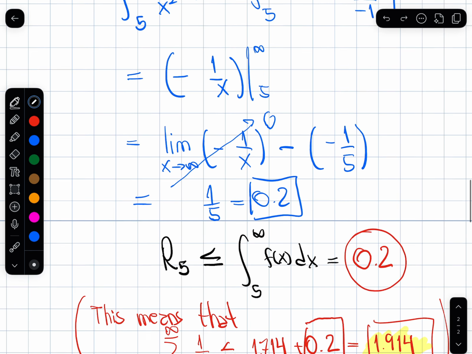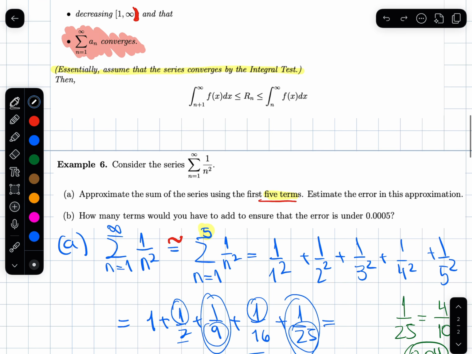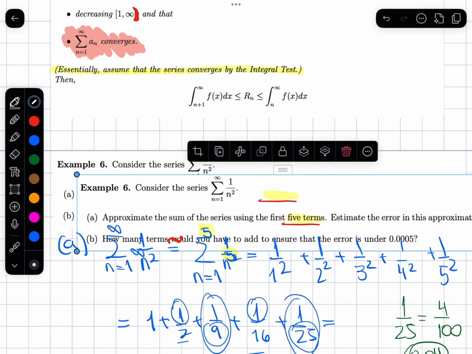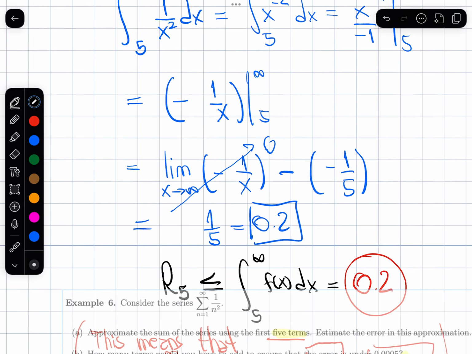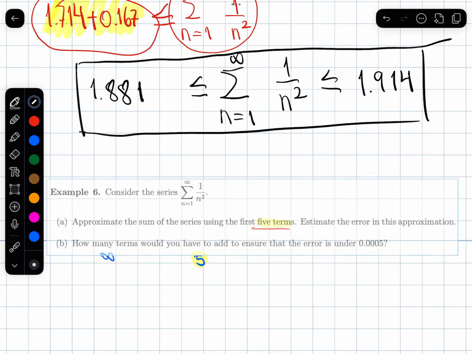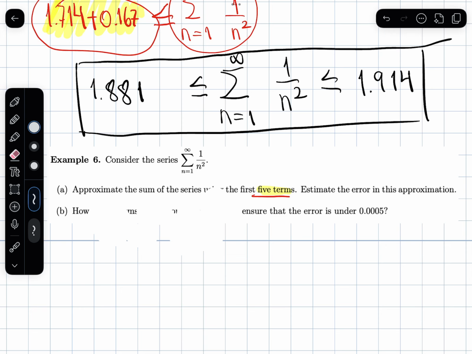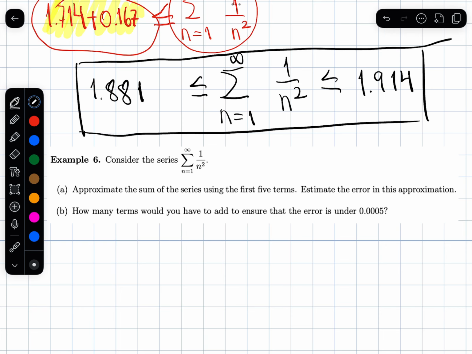Now, let's go all the way up so you can see item B. The question is, how many terms would I have to add to ensure that the error is under 0.0005? Let me take this all the way down with me so that we can solve B. Now we're not given how many terms. For A, we were told that we were adding 5 terms, but for B, we're not.